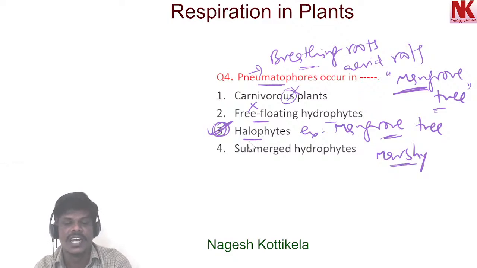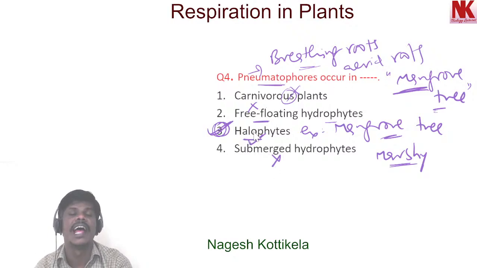These plants are called halophytes. So pneumatophores occur in halophytes. This is right. Submerged hydrophytes is wrong. The most appropriate option here is that pneumatophores occur in halophytes like the mangrove tree.